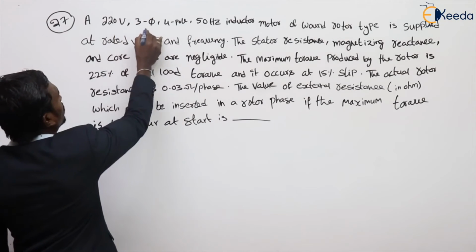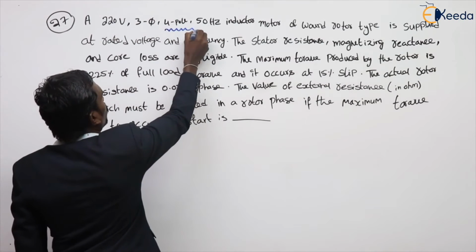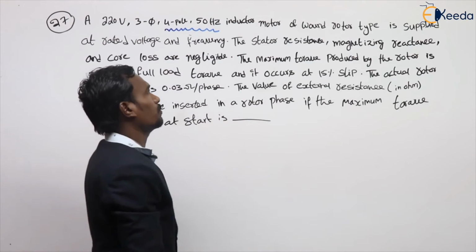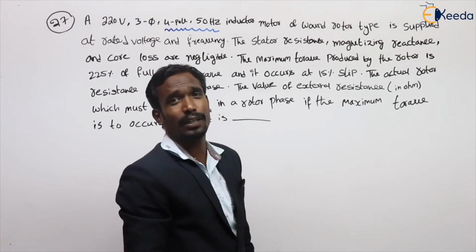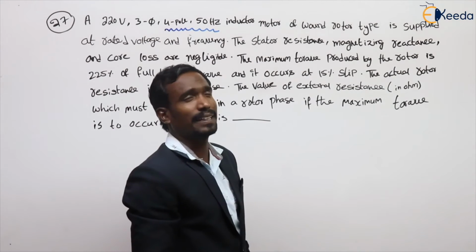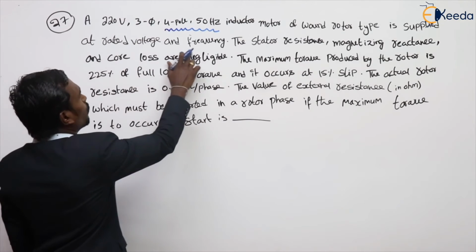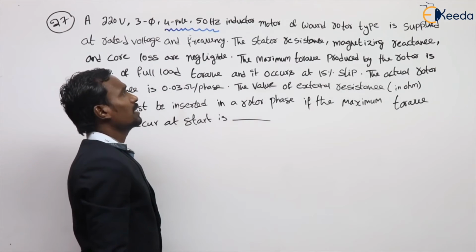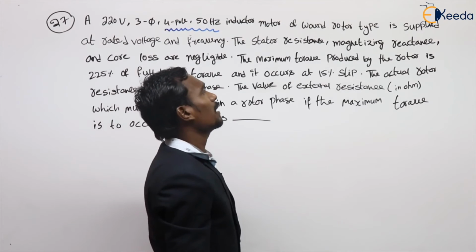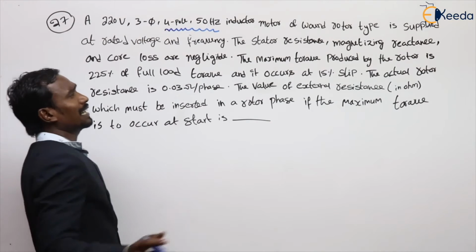Right? A 220 volts 3-phase 4-pole 50 Hz induction motor of wound rotor type, nothing but slip ring type, is supplied at rated voltage and frequency. The stator resistance, magnetizing reactance and core losses are neglected.